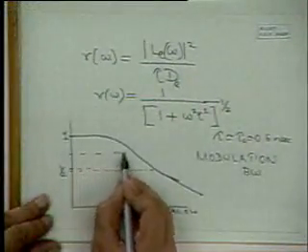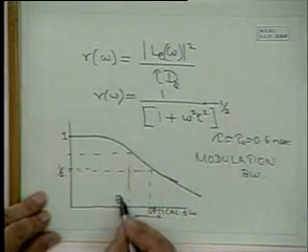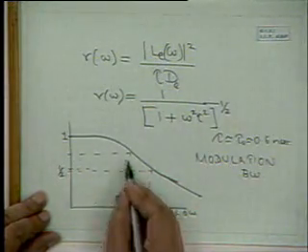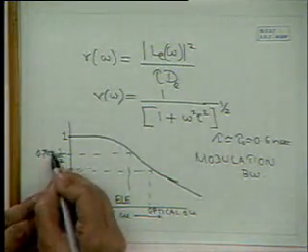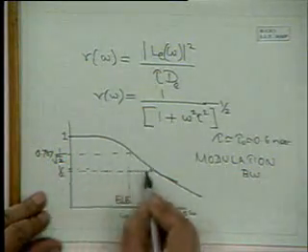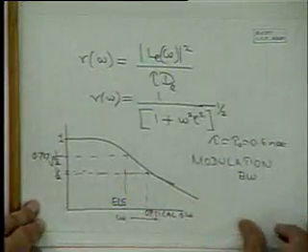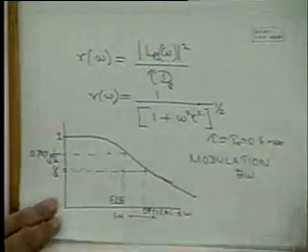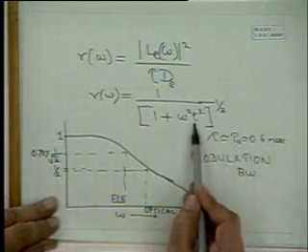So that would be somewhere here. The electrical bandwidth is the 1 by root 2 point, 0.707, whereas the optical bandwidth, as defined, could be the 1 by 2 point.